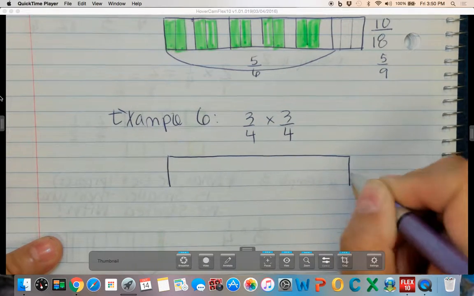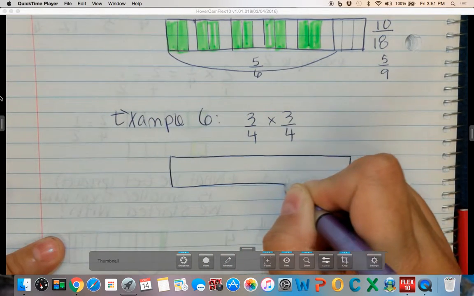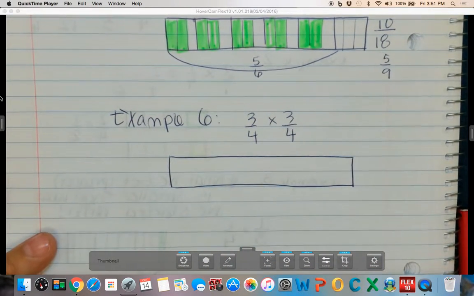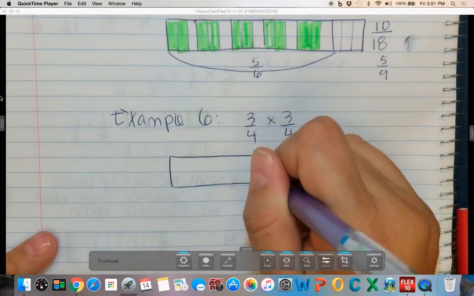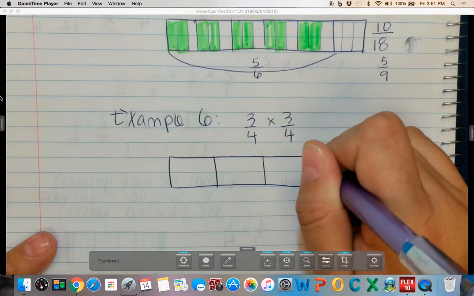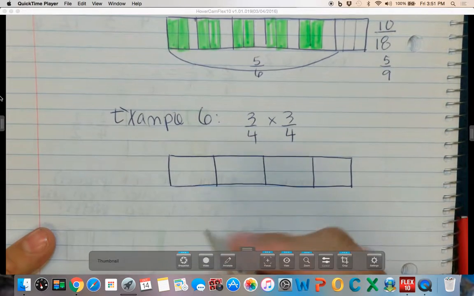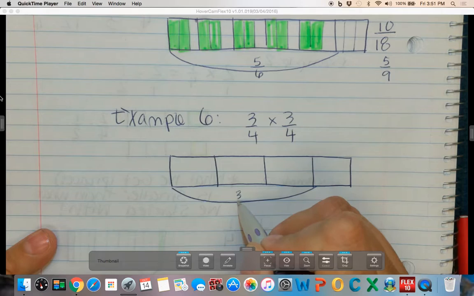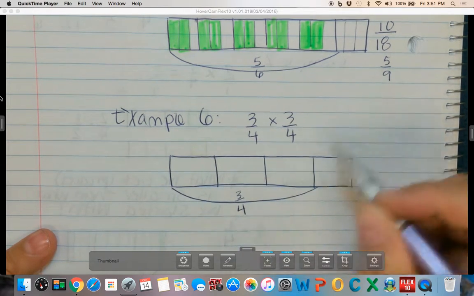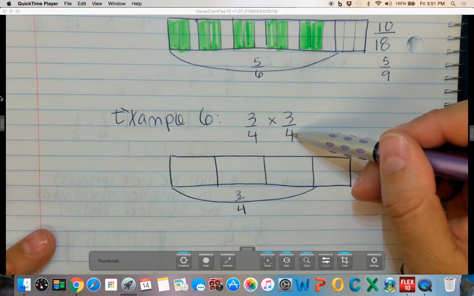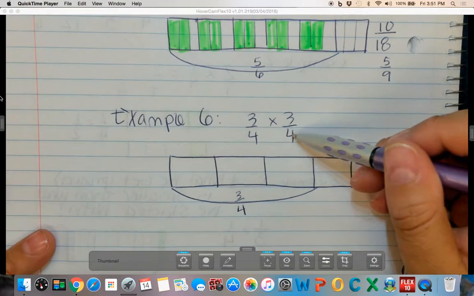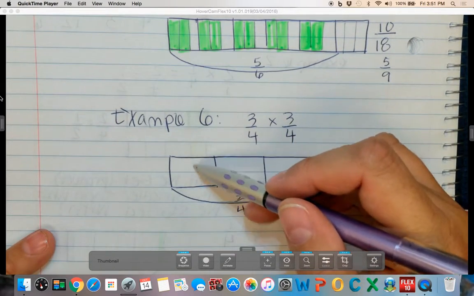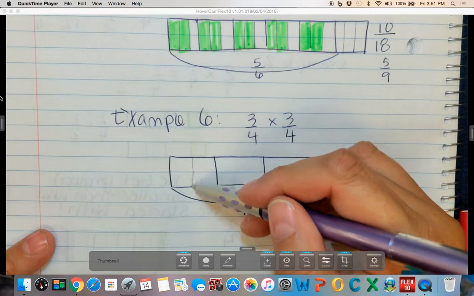And if you don't know how to draw models by the end of this, I don't know what to tell you. Alright, I'm going to draw a 4th. And I'm going to focus only on 3 of those 4ths. And it wants to put 4 pieces into every box. That's what this number tells me. So I cut these up into 4 pieces.